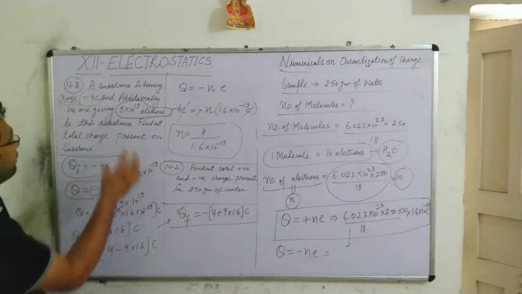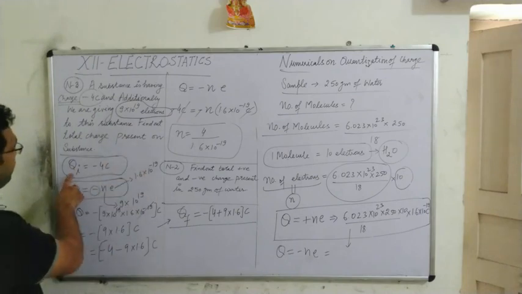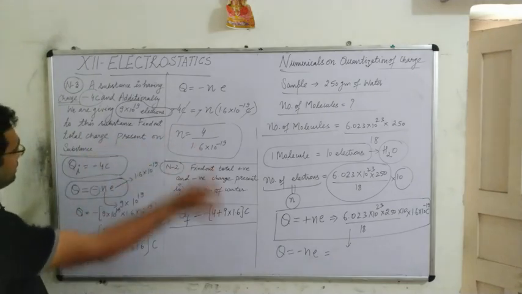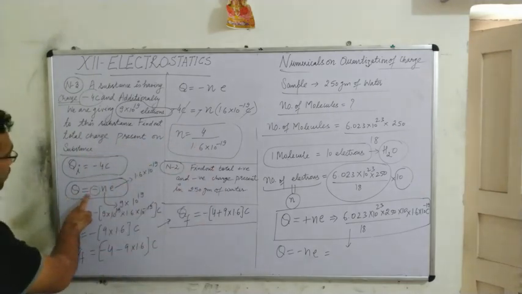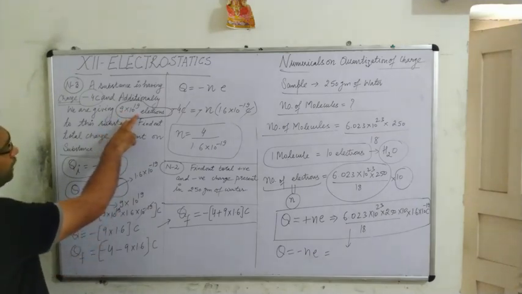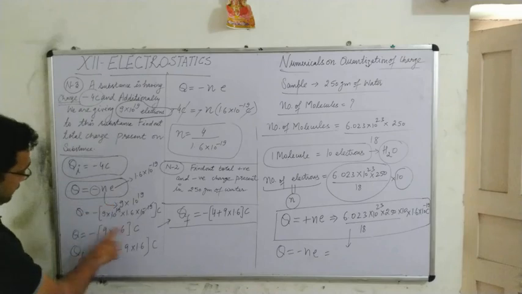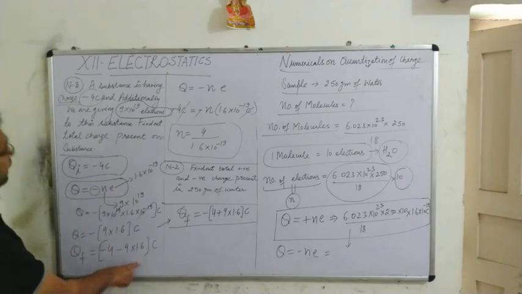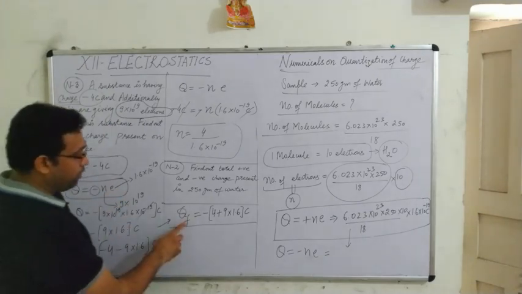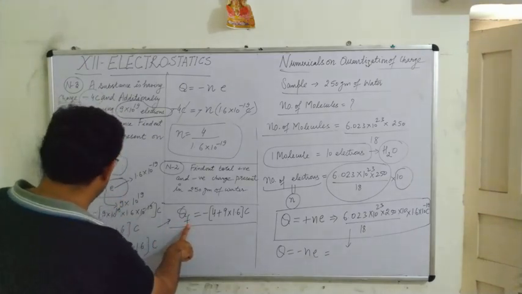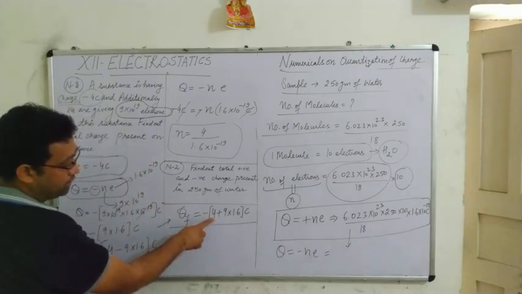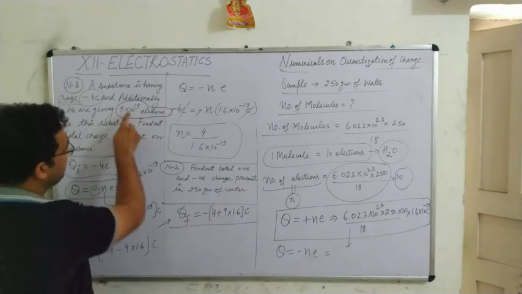So let us revise this numerical. We have the initial charge minus 4 Coulomb. Now take it separately. Q equal to minus Ne is the formula used for the given number of electrons. This is the amount of charge given by these number of electrons, and this is the initial charge. Now the final charge on this sample will be Q final equal to Q initial plus the charge given by these electrons.